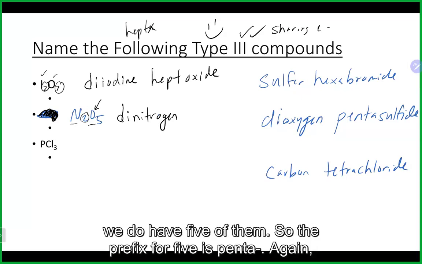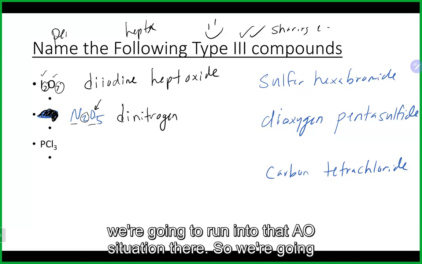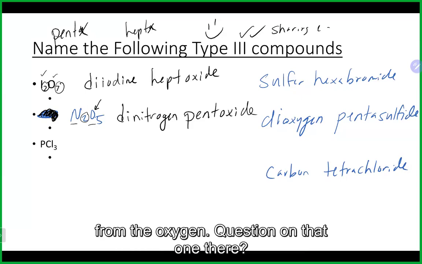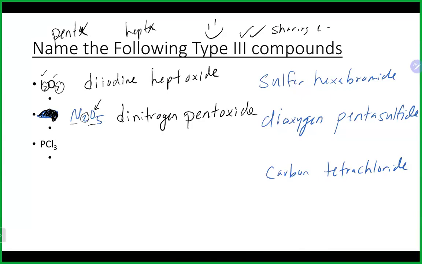We have 5 of them, so the prefix for 5 is penta. Again, we're going to run into that AO situation, so we're going to drop the A off the prefix and just go with the O from the oxygen. Question on that one?